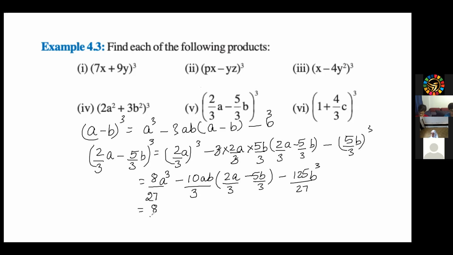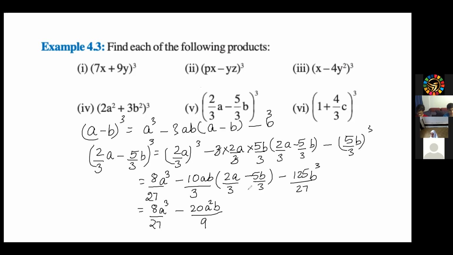So the first term is as it is, 8 by 27 a cube. Open the bracket: minus, and this, minus 20 a square b upon 3 into 3, which is 9.